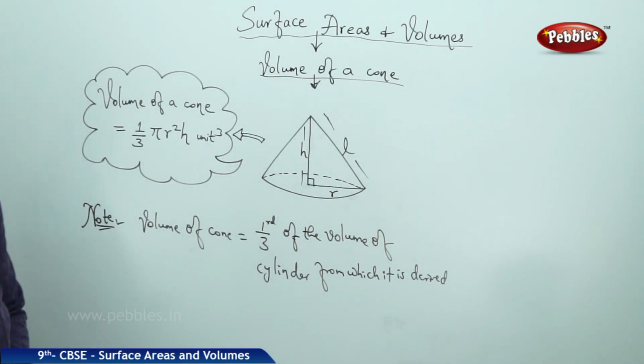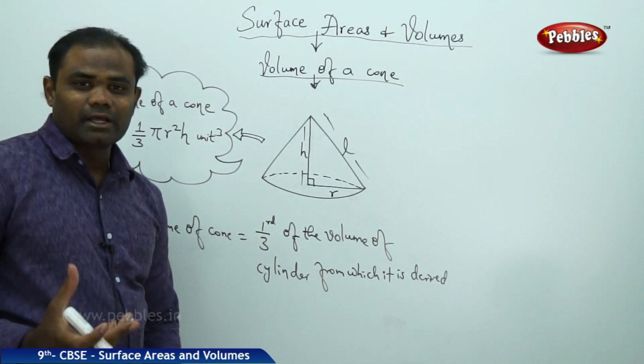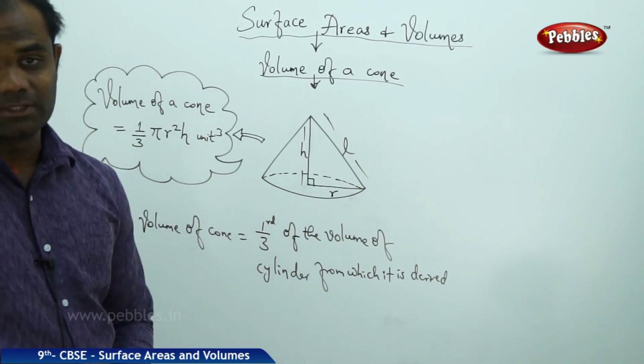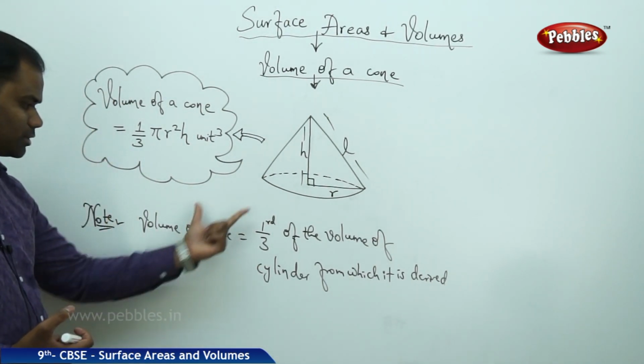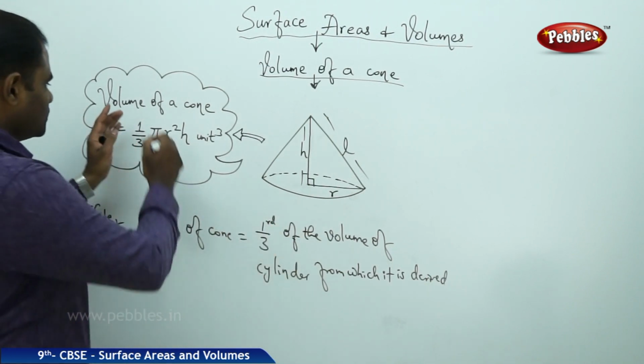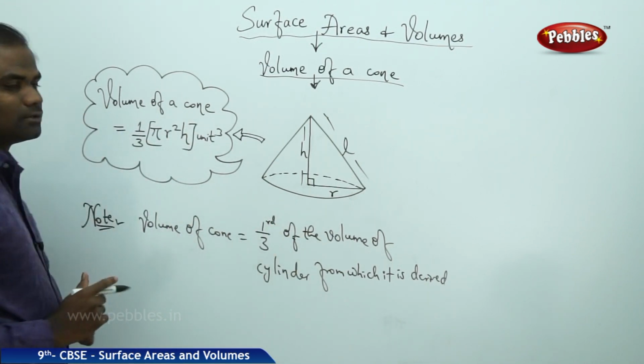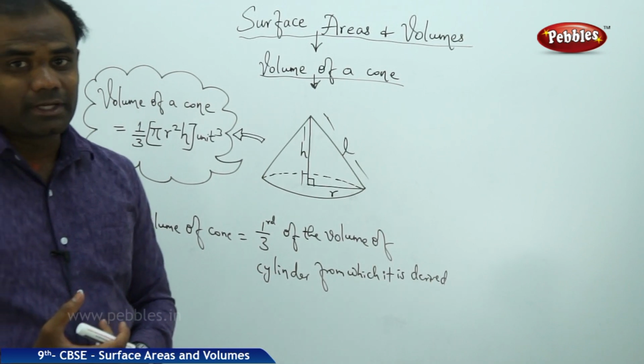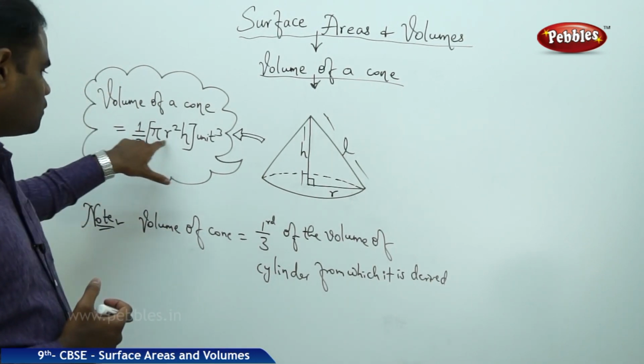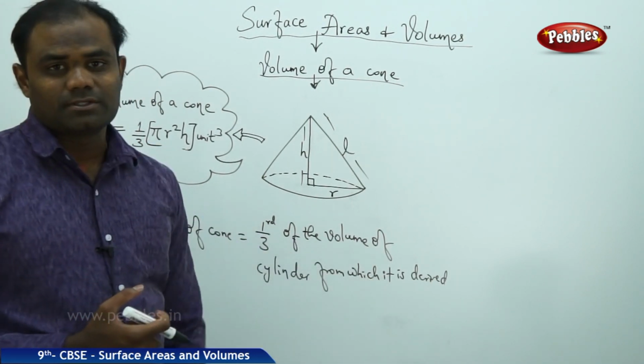This is very important to understand because we understand a cone as being generated from a cylinder. So the volume of a cone is always 1/3 of the volume of the cylinder, which we already discussed in the previous session as pi r square h. So 1/3 of the volume of the cylinder from which it is derived.